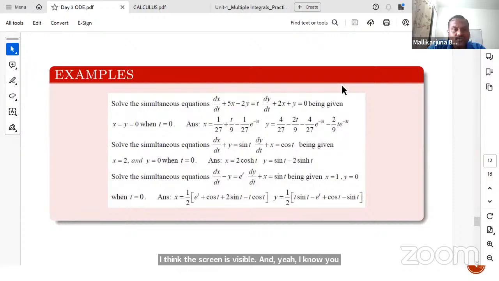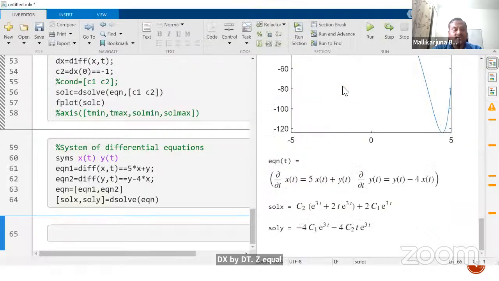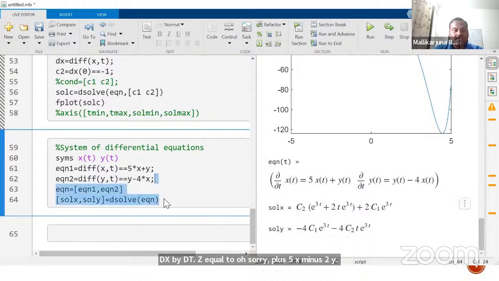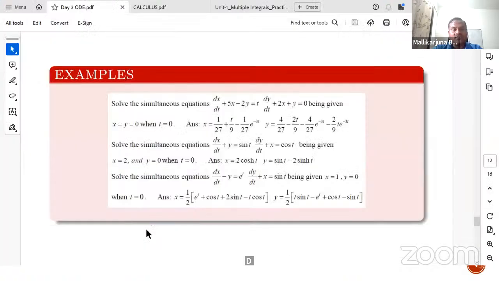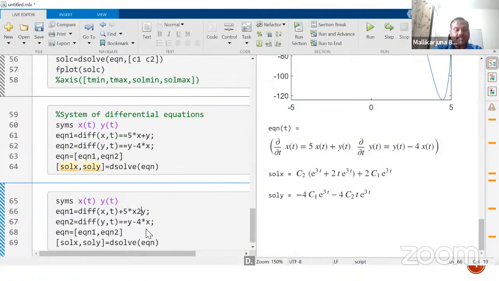Let us see the first problem. dx by dt plus 5x minus 2y is equal to t.